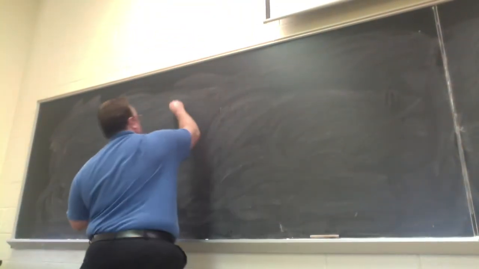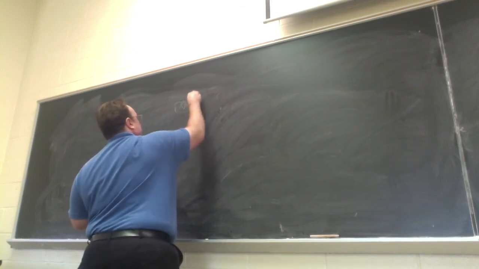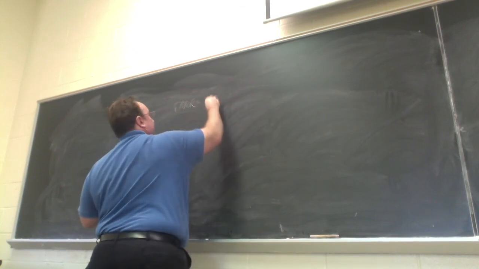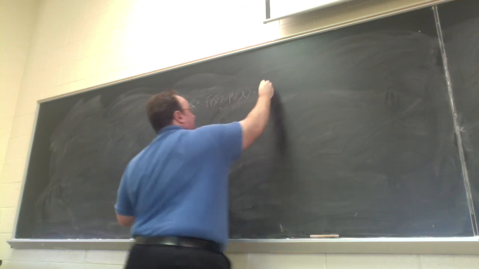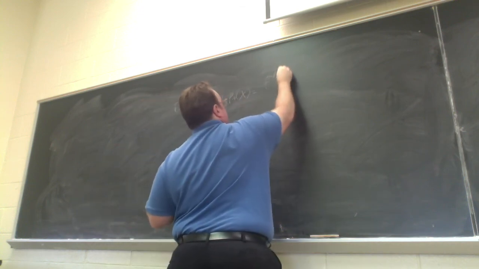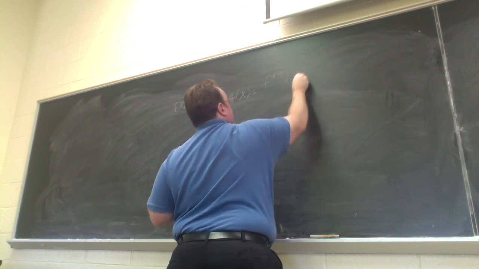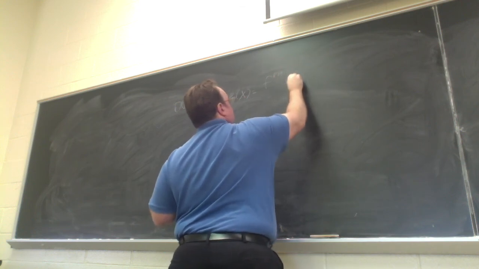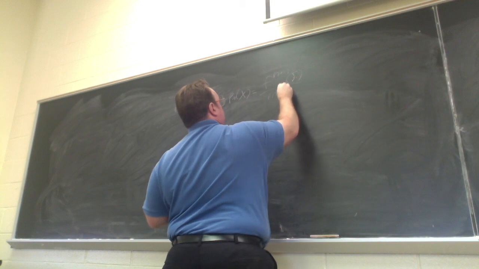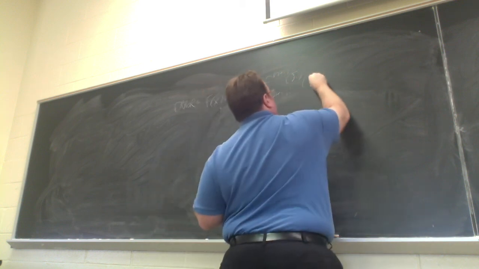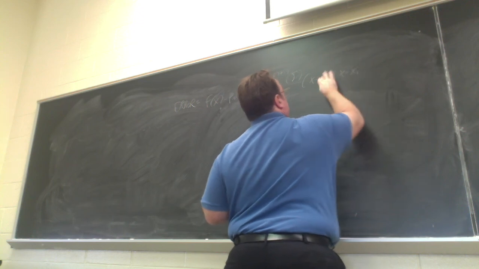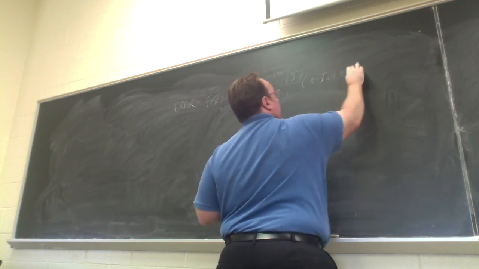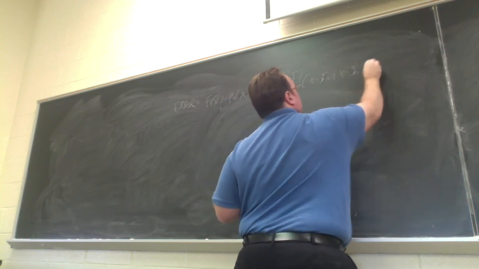So the error, that's f minus Pn. The normal error formula has the n plus first derivative, which is why we need to make an assumption about the derivatives, over n plus 1 factorial times x minus x0, x minus x1. Well, actually not x, squiggly, because those are our interpolation points.